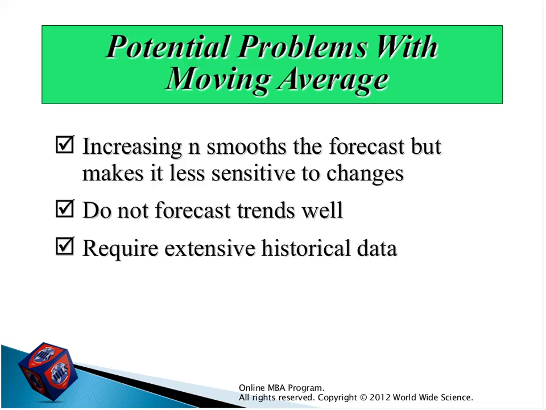And this method doesn't tell you a good trend. For example, you cannot forecast 2 months, 5 months, 6 months later, and you cannot determine a good trend for the future.